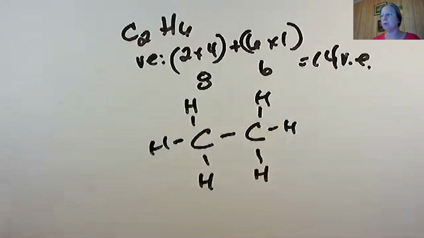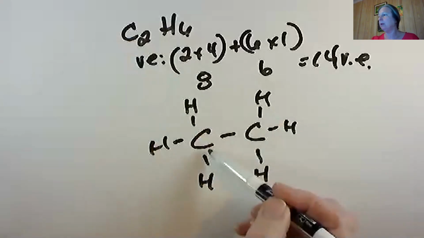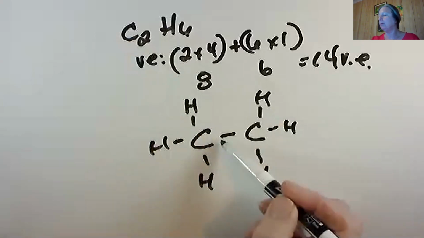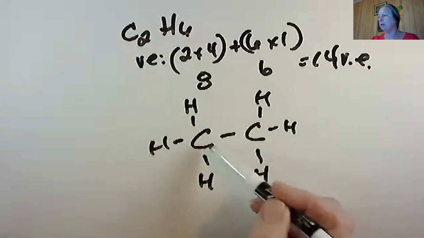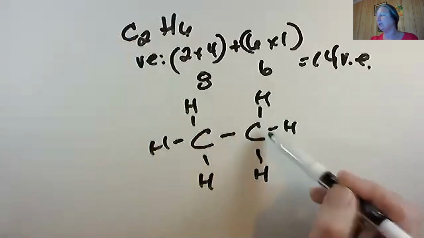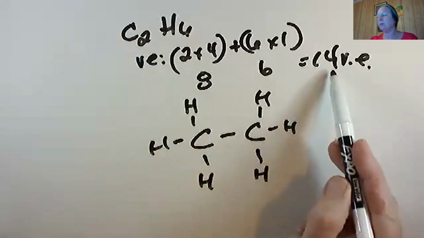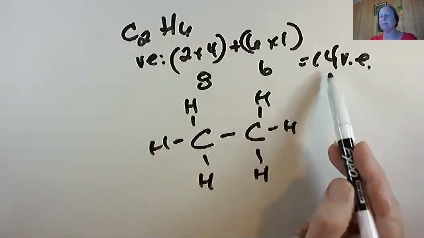Okay, double check. Do I have all of my atoms? I have 2 carbons. I have 6 hydrogens. Do I have the octet rule satisfied for each of them? I have 4 bonds around carbon. That's 8 electrons. So yes, and yes for this carbon. And have I accounted for all of my 14 valence electrons?